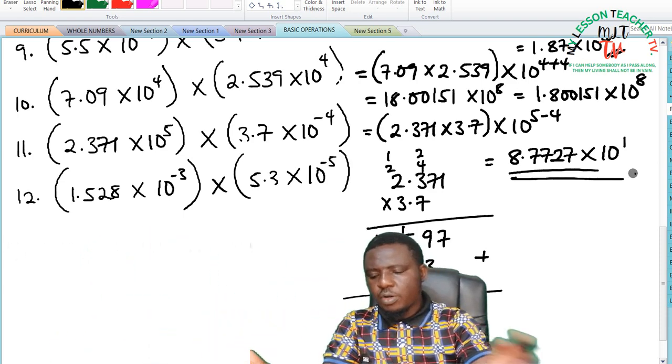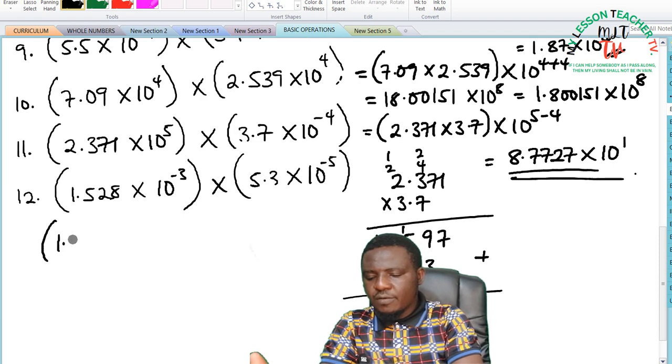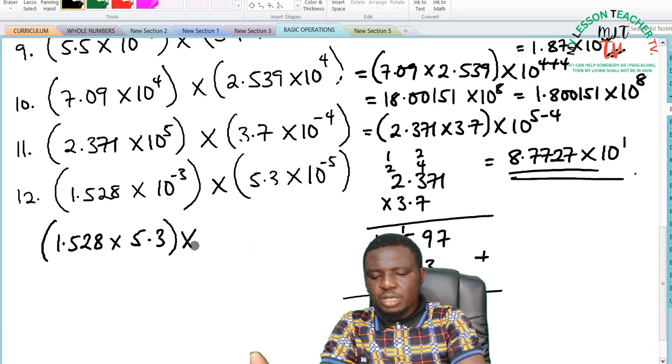Question 12, we have to multiply 1.528 by 5.3 times 10 raised to the power of minus 3 minus 5.